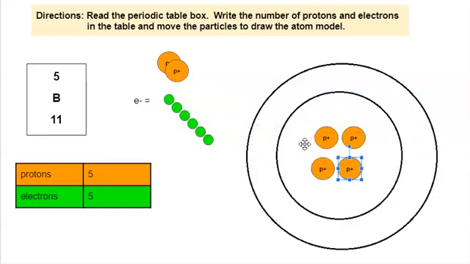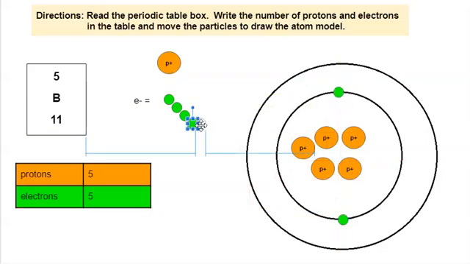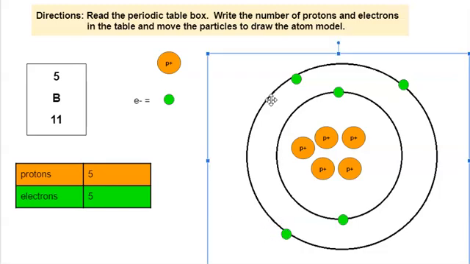So we have 5 protons in our nucleus. Now we'll move our electrons to our orbitals. Again, 2 on the first orbital or energy level, and we'll put the other 3 on our outer shell, or energy level, or orbital. Remember, you can go back through, check yourself, add them all up. 1, 2, 3, 4, 5. Okay, that checks out.